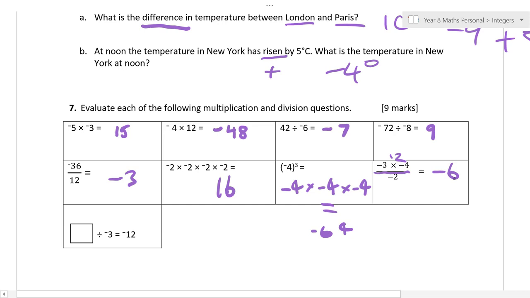And the last one, we know that 36 divided by something equals negative 12, and if it's something divided by a negative equaling a negative, it has to be a positive, so it'd be 36 divided by negative 3. Annika, thank you.